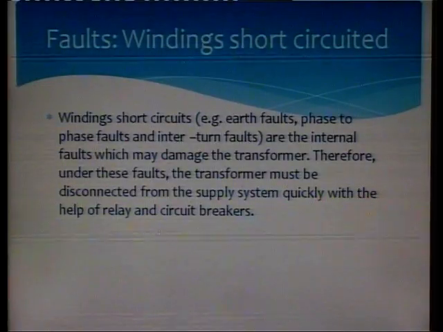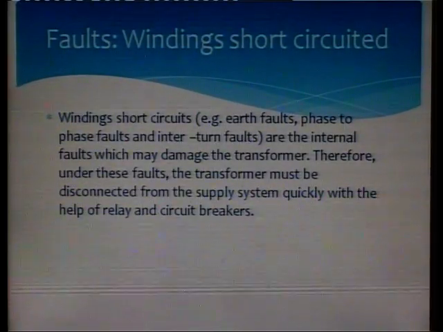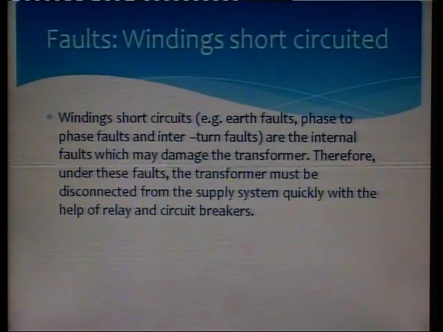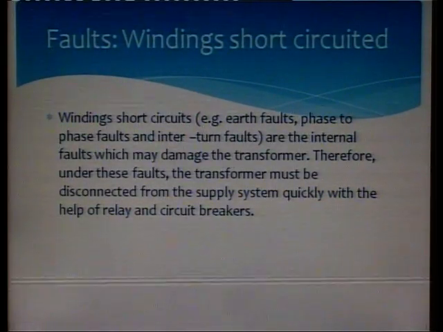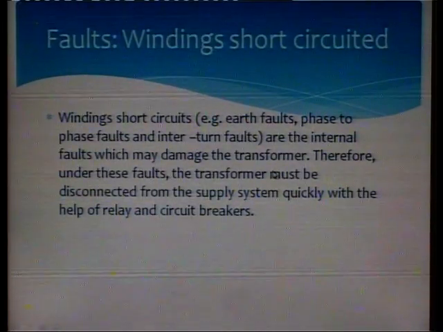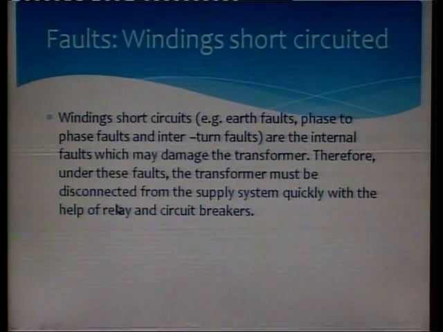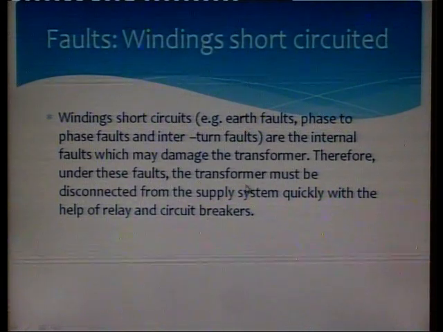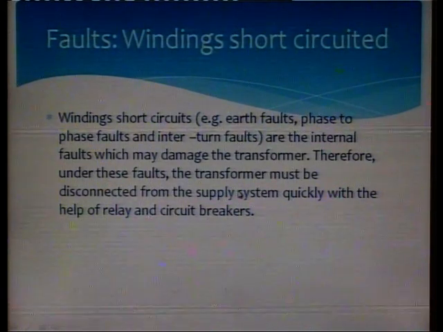Remember, from the three types of faults, open circuit, overheating and winding short circuit, the third is the main fault which requires automatic protection, and the transformer must be disconnected from the supply quickly.